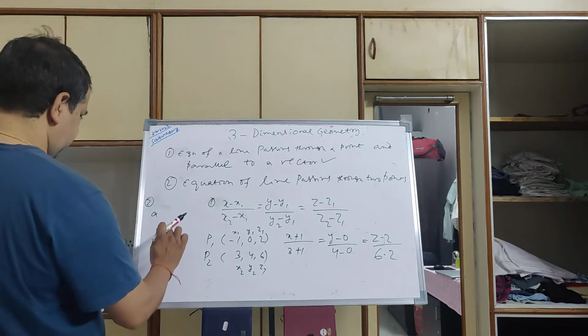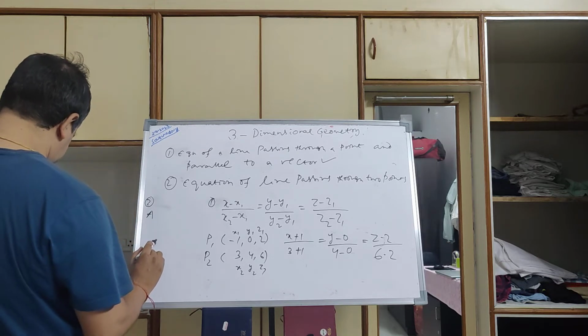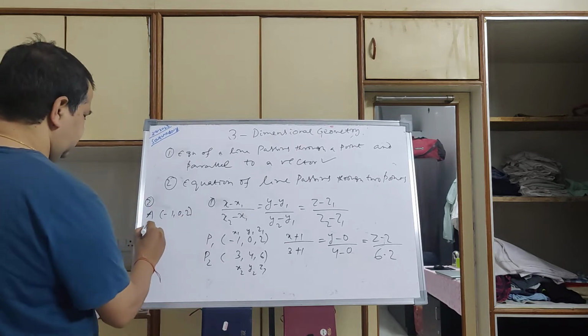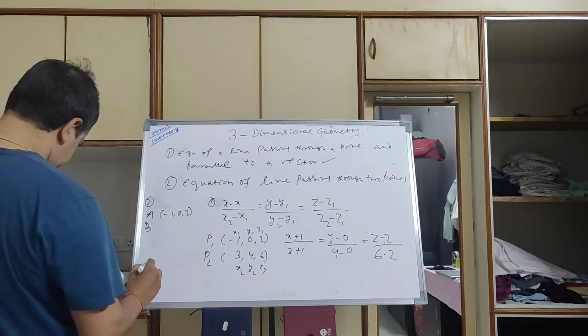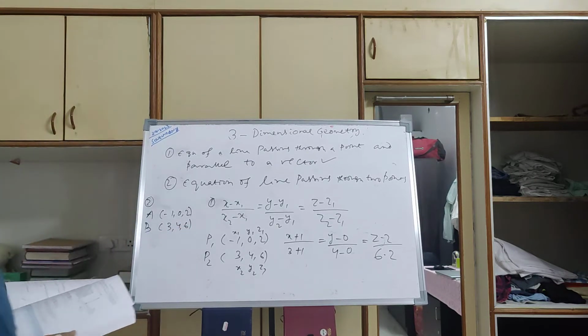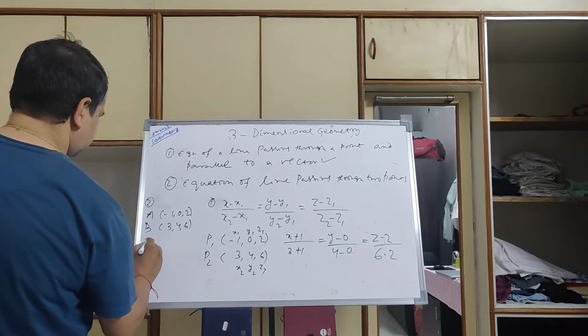My point A is minus 1, 0, 2. My point B is 3, 4, 6. These are my 2 points, and I need to write the vector equation. First I have to write my position vectors.